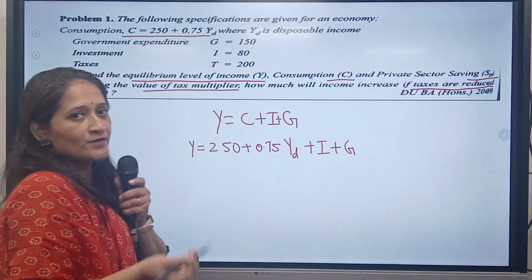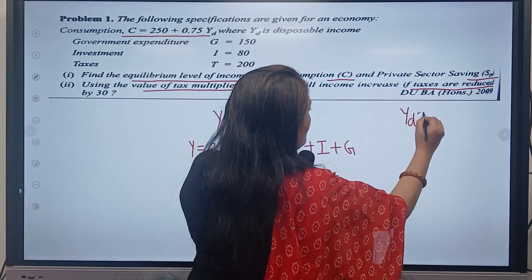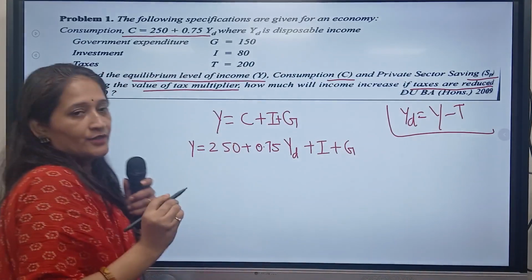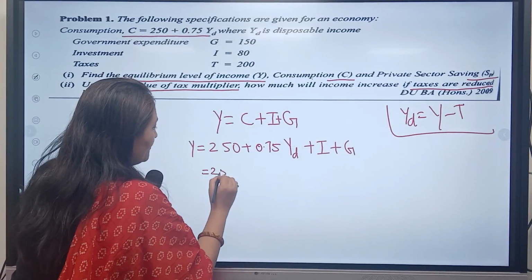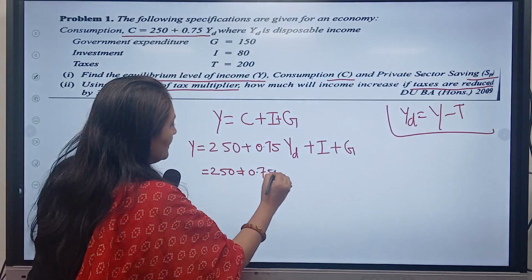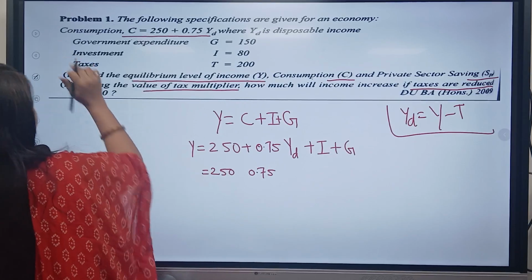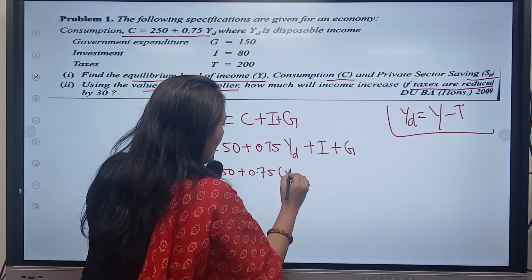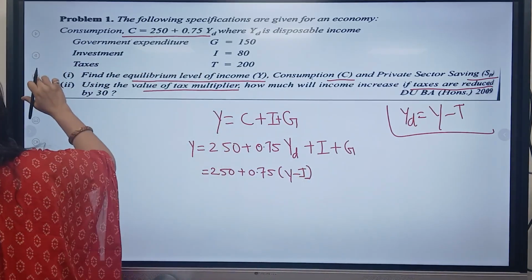Now what is disposable income? Disposable income is nothing but income left after payment of taxes, right? So let's replace that here. So this is 250 plus 0.75 of Y minus T, because disposable income is not directly given here.